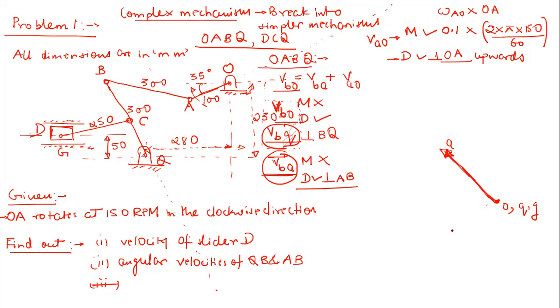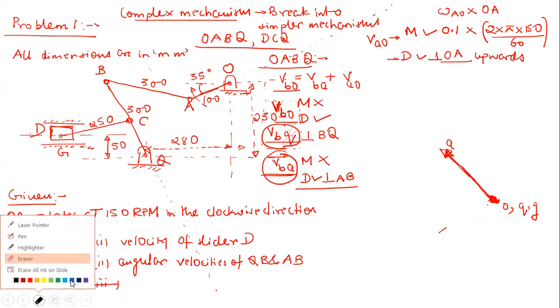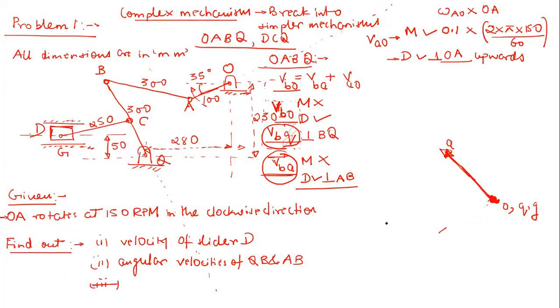So let me draw this line through Q, a line which is going to be perpendicular to this BQ. Let me use a different ink here.